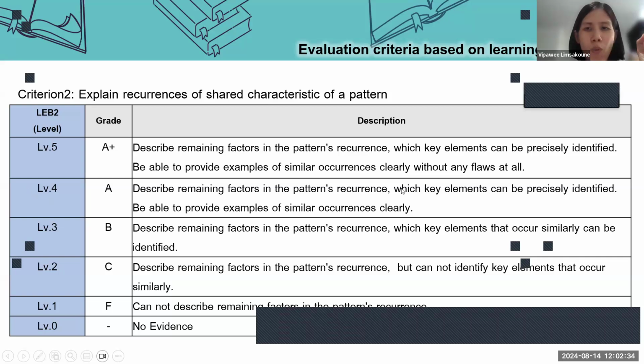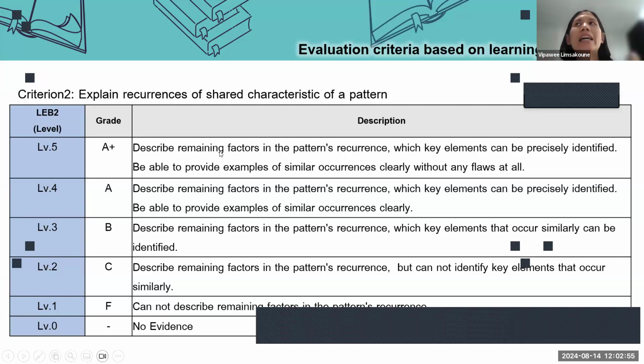You will receive level 4 if there is any flaw, and then lower when you have fewer examples provided. Although you have them in the photos, I encourage you to explain when you analyze it in the table as well.